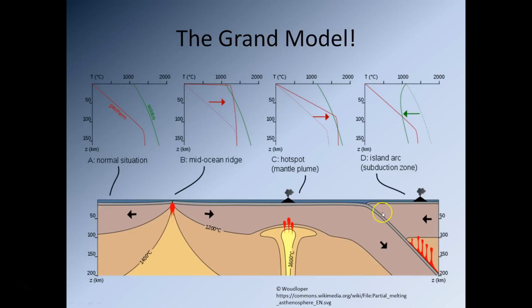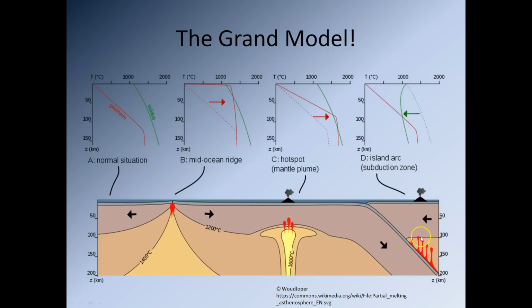And then over here we have hydration melting. So this is our piece of oceanic crust. It descends down into the mantle to about 150 kilometers. That's the magic number, at which point the minerals within the oceanic crust release the water. The water goes into the overlying mantle rocks, causing them to melt. That produces a basaltic magma. That basaltic magma rises up.